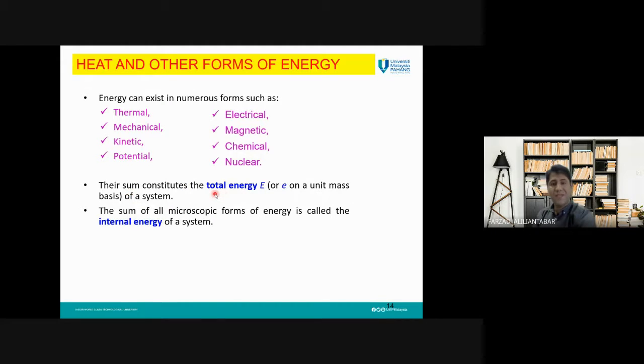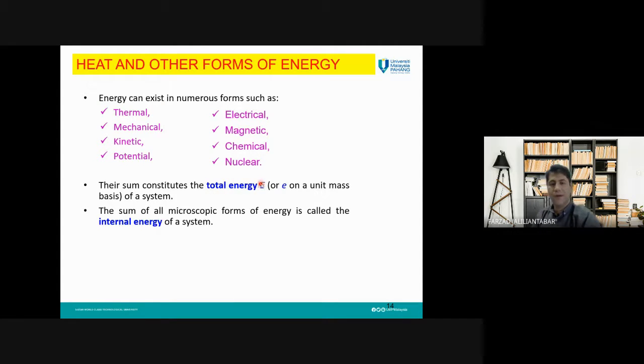The first classification is total energy. Total energy is all the energy a system or a substance or a material may have. A system may have some of these energies together, for example thermal, mechanical, chemical, and nuclear energy. All types of energies which a system may have is called total energy.